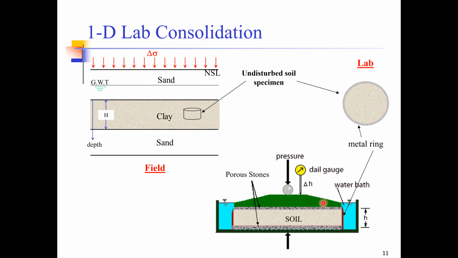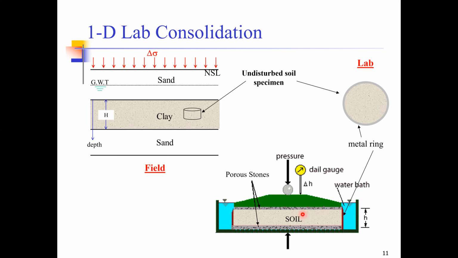We have applied load on the top by using this assembly. And since our soil sample was undisturbed, whatever was the density and the natural moisture content of the sample, the same natural moisture content and the same density is what we have achieved here.